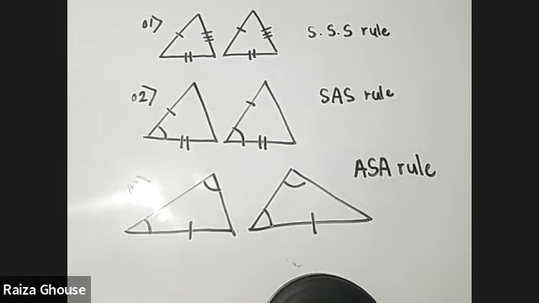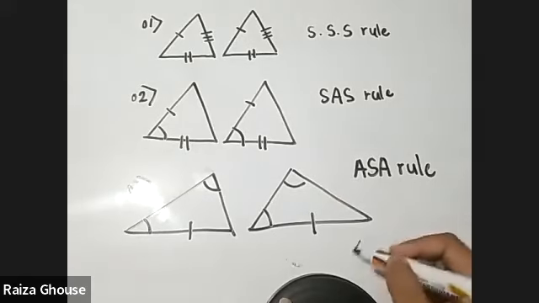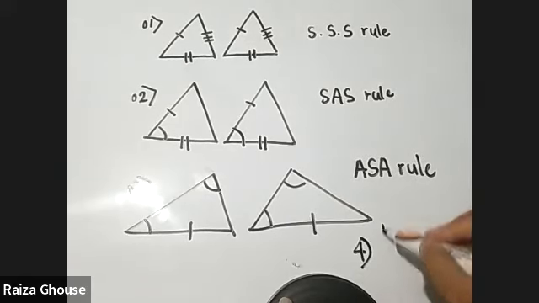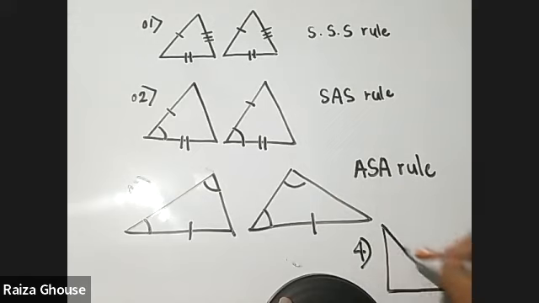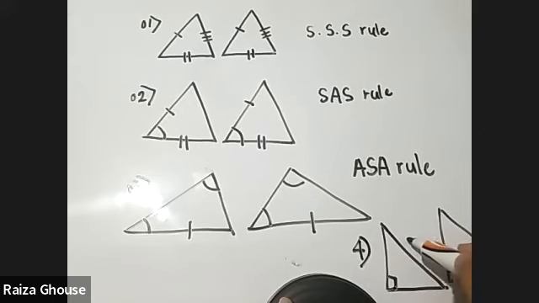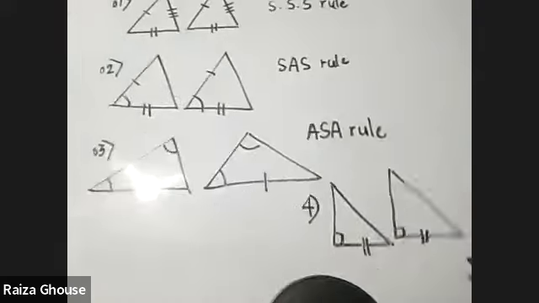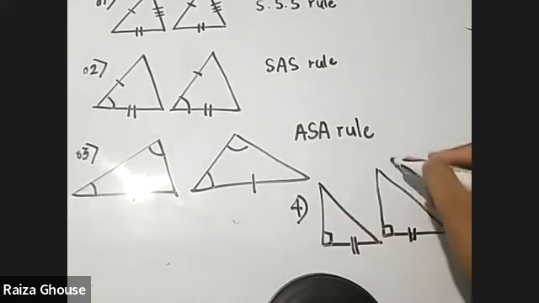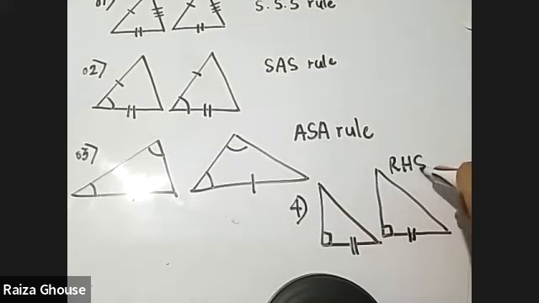Clear? And finally, the last congruency rule, the fourth one, is easiest. That comes only for right angles. Always remember, that comes only for right-angled triangles. And we call this the right angle. This is the hypotenuse. We call this RHS. Why RHS?